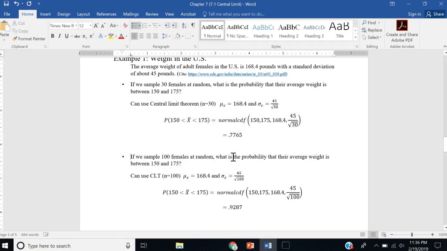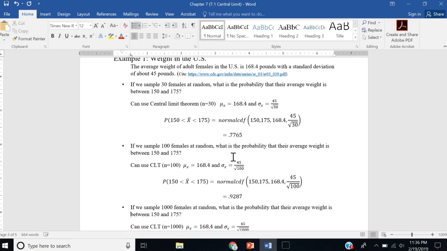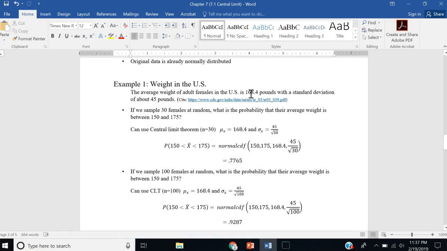If we sampled 100 of them, the probability of getting between 150 and 175 went up to almost 93%. And if we sampled 1,000, the probability went up basically to 100%. So what's this telling us, or what's one way to view this? Well, notice that the average being 168.4 falls in between here.